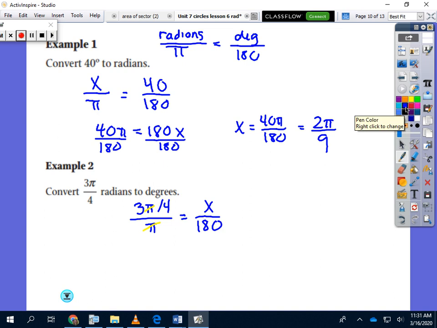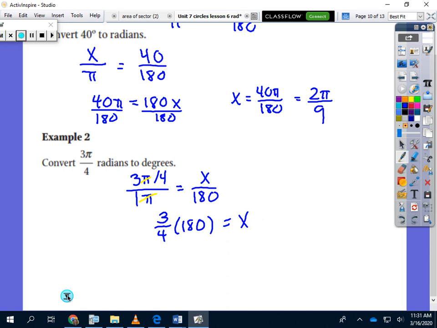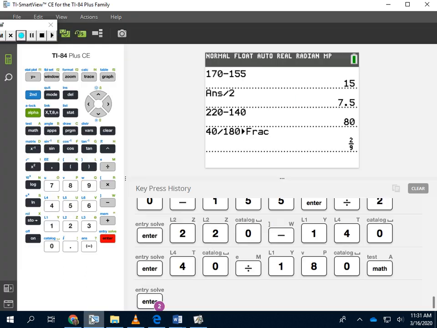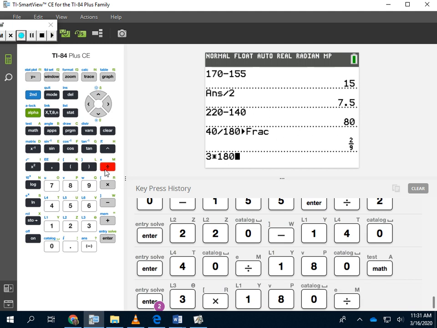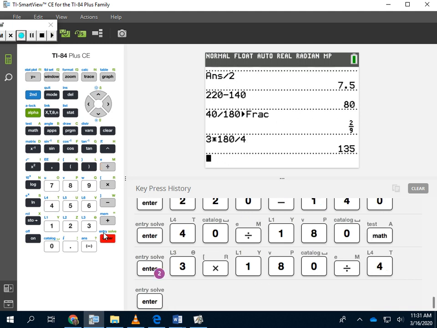So now I've got 3 over 4 times 180, and the pi went away, so that's like 1, equals 1x or x. So if I can figure out what this equals, I'm done. So 3/4 of 180. Let's see. 3 times 180 divided by 4. It's 135.